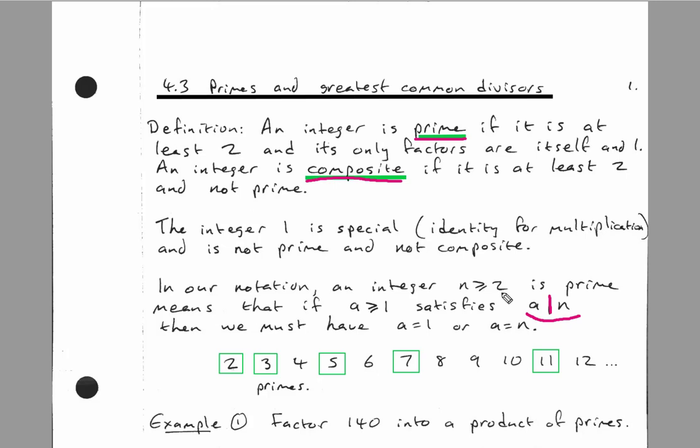If you have a composite integer, then it could have more divisors, but primes only have two factors.